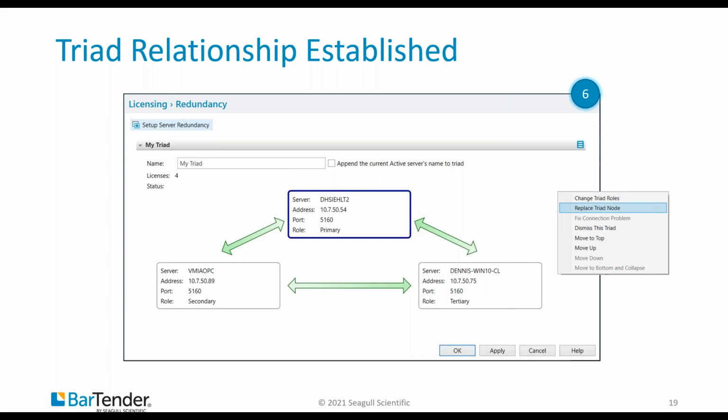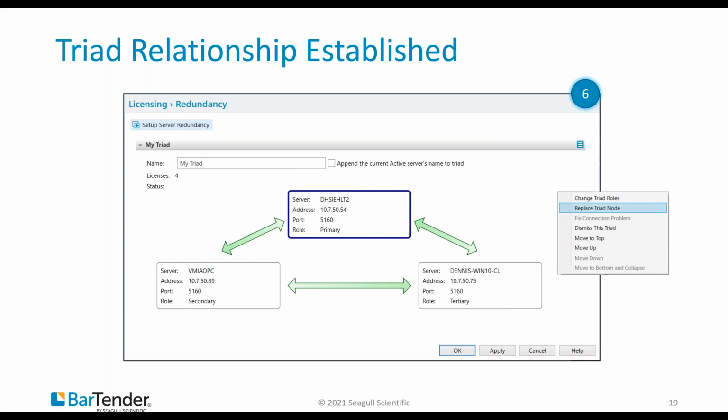When this happens, the secondary will connect to the tertiary to confirm that the tertiary is also unable to connect with the primary. If the connection and confirmation are made, the secondary will then become the active license server and can then process the BarTender client requests. Once that happens, the secondary will periodically try to reconnect with the primary. And if it succeeds, it'll then transfer control back to the primary server.